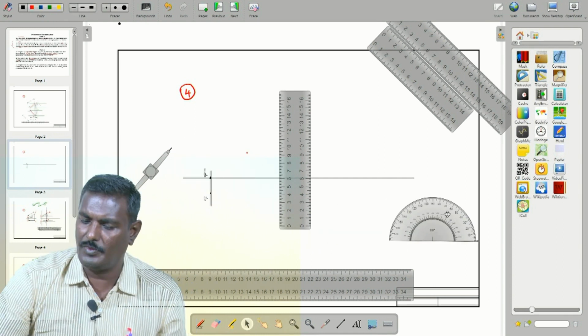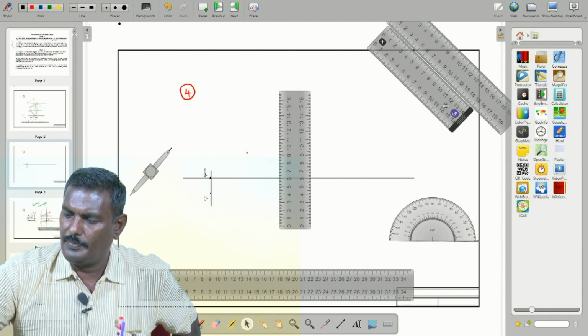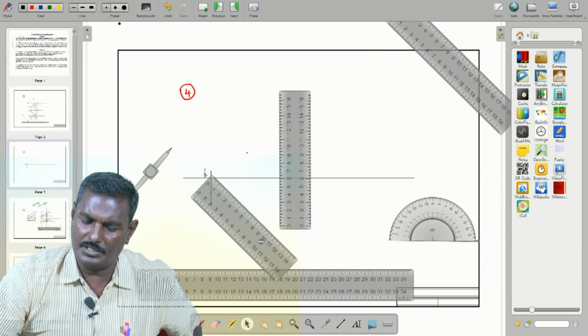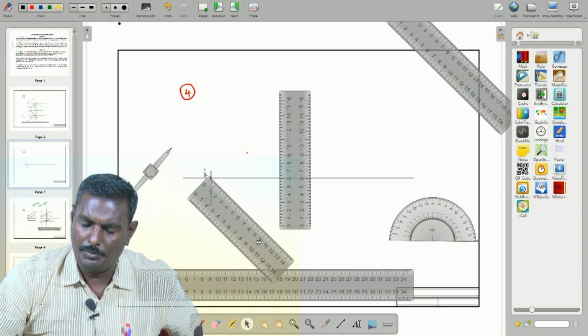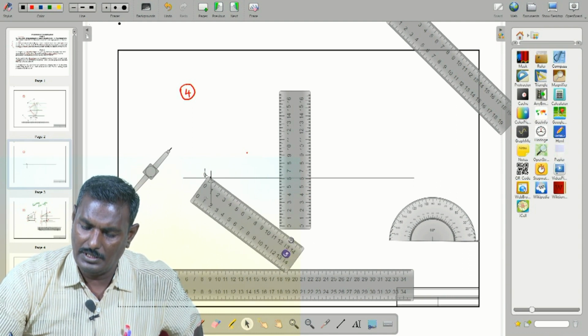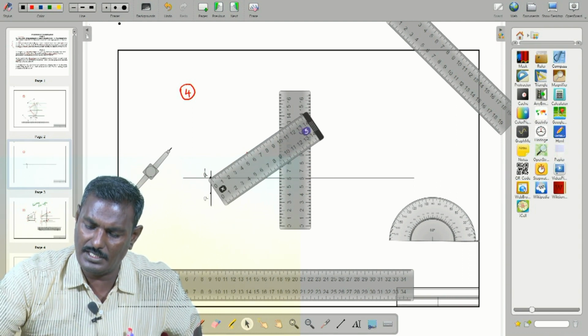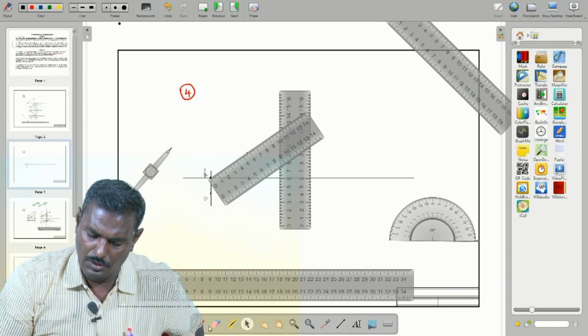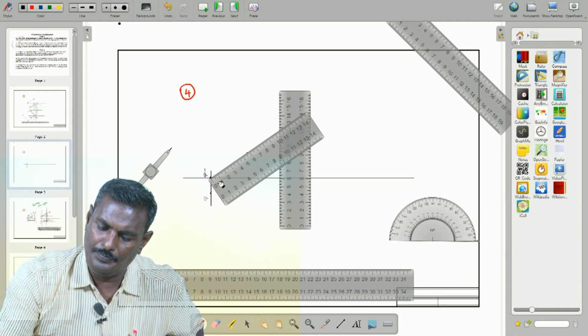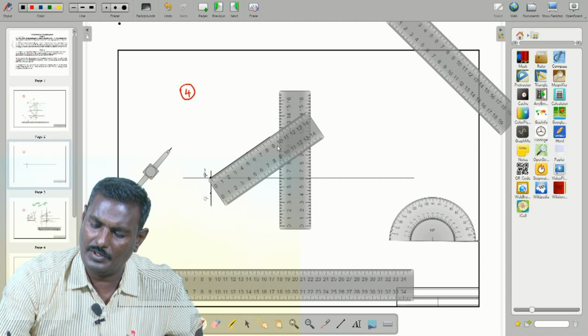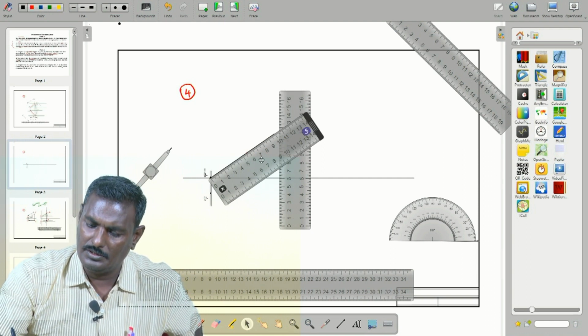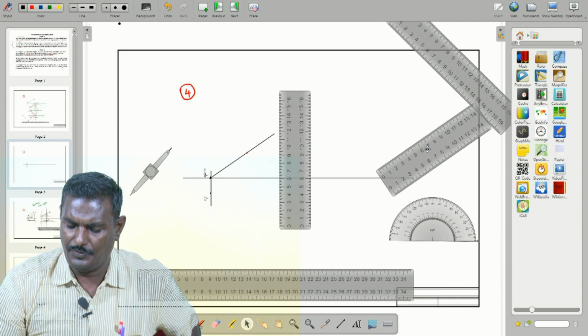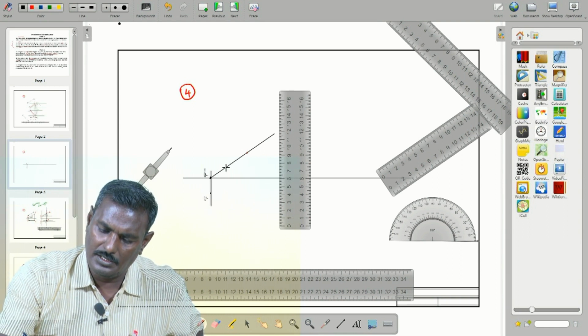Try to use the mini drafter, but here there is no provision for that, so I am using a ruler. So draw a line. The 35 degree line I have drawn here.